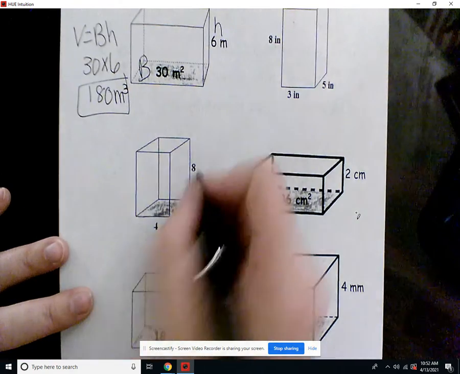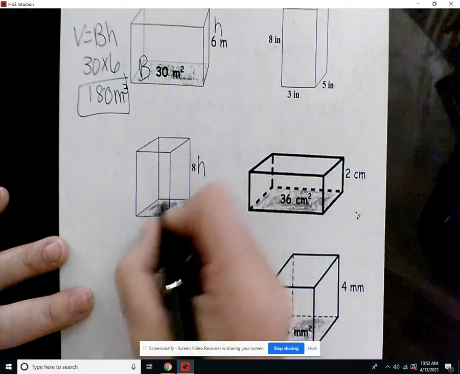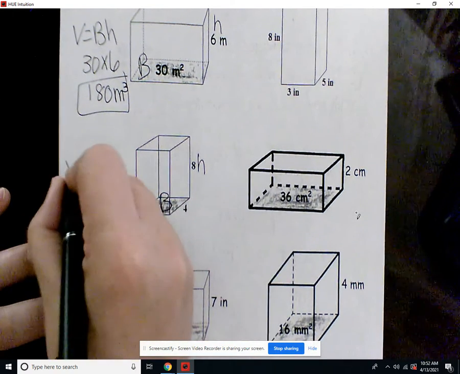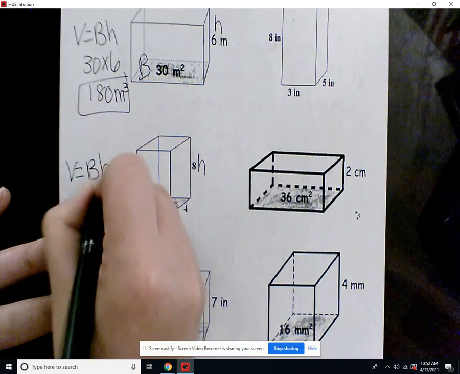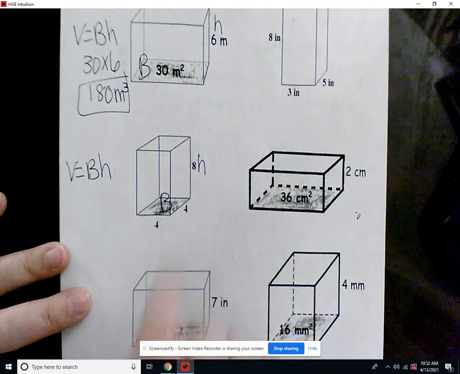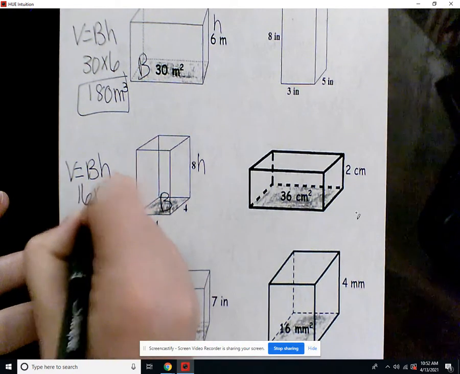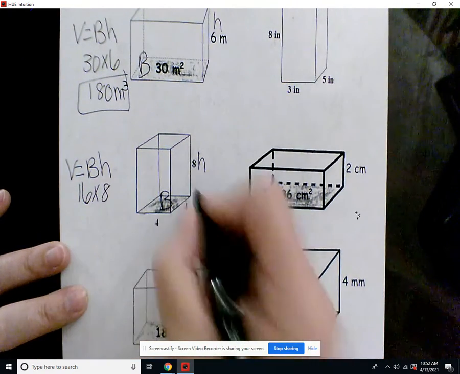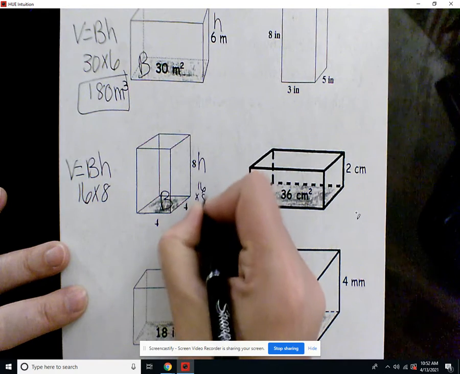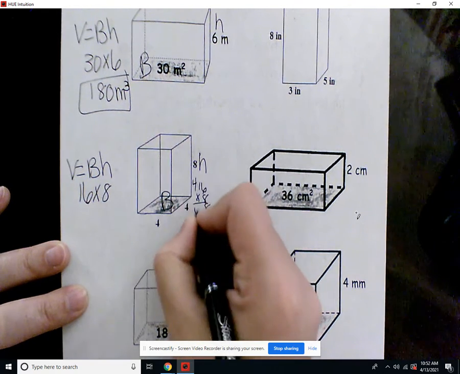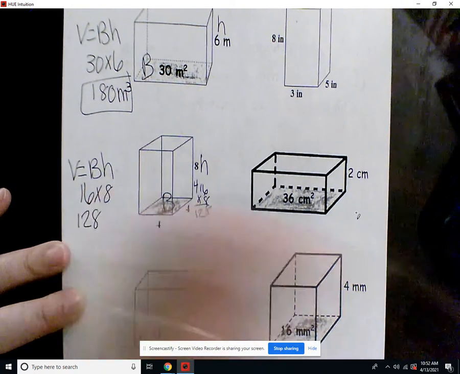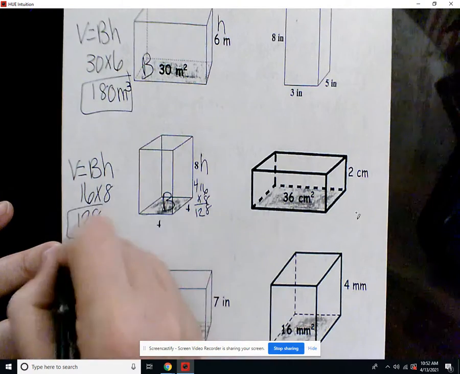Okay, so I'm going to identify my height. Then that means the numbers left are my base. So I multiply 4 times 4, which is 16. My height is 8. So I multiply 16 times 8, which is 128. And there are no units, so we'll just leave it as 128.